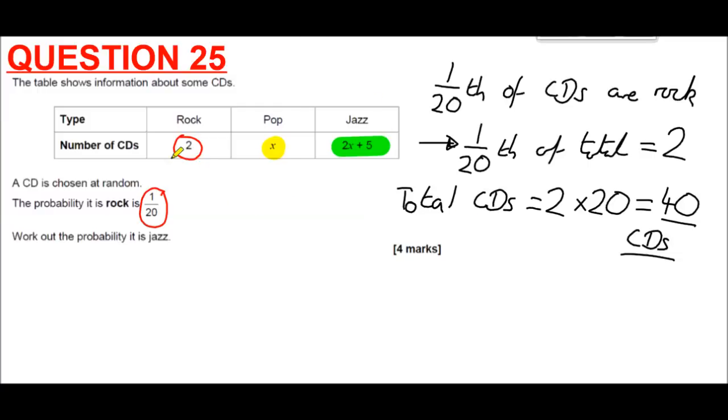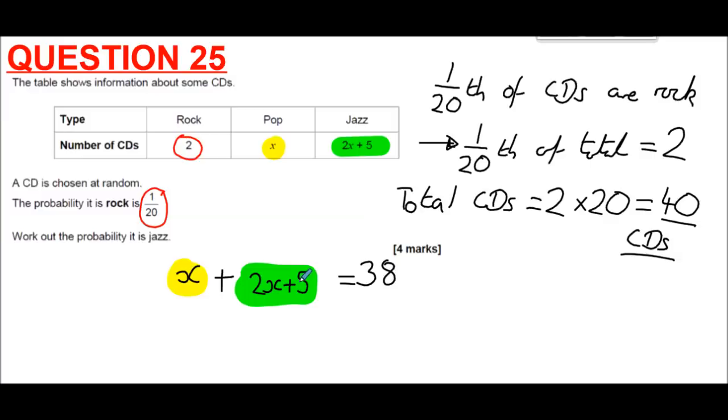The other 38 CDs must be a combination of pop and jazz. These two added together must be 38 CDs, because 38 plus 2 would be 40. So pop, we've got x CDs, and jazz, we've got 2x plus 5.